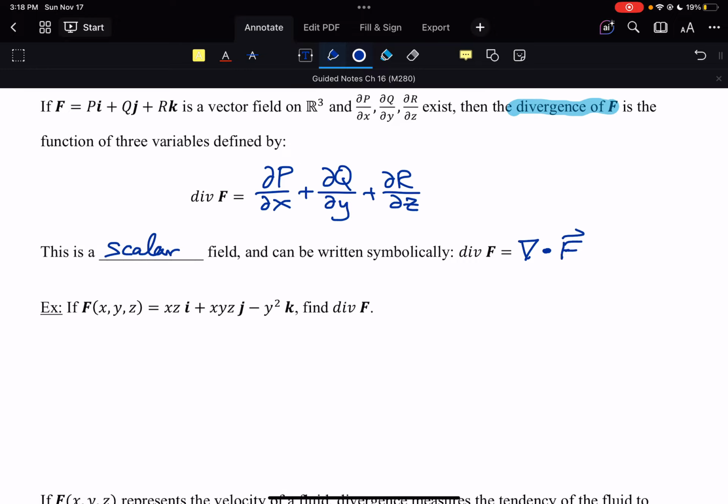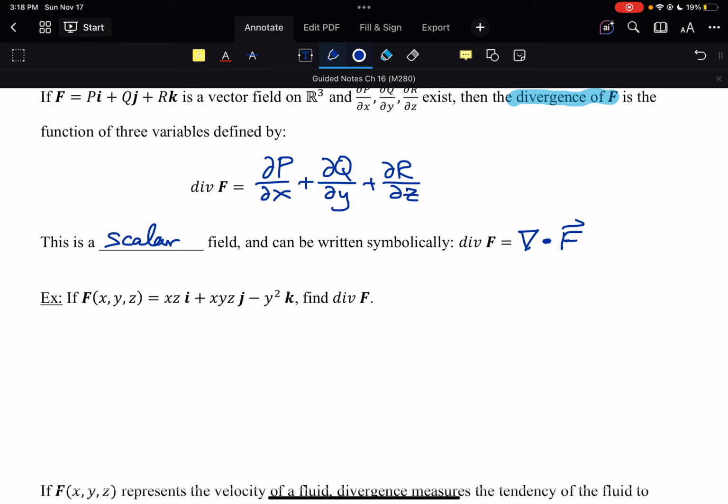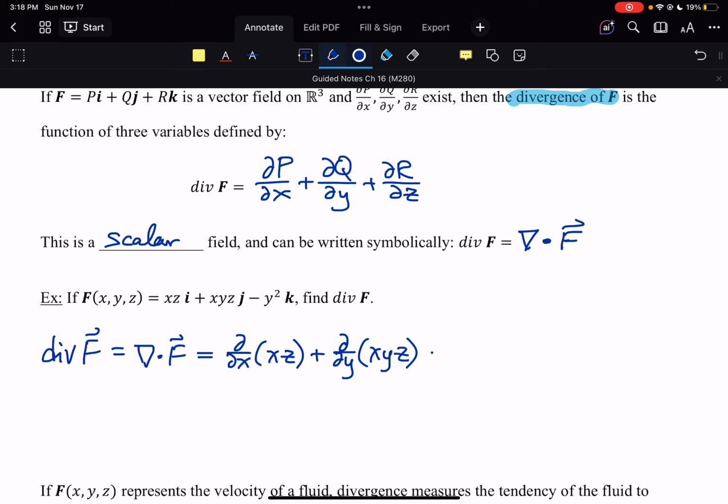So this is nice because the dot product is a quick calculation for us here. For this example, if we want to get the divergence of this vector field, we take the del operator dotted with F. So we get the partial with respect to X of XZ, plus the partial with respect to Y of XYZ, plus the partial with respect to Z of negative Y squared.